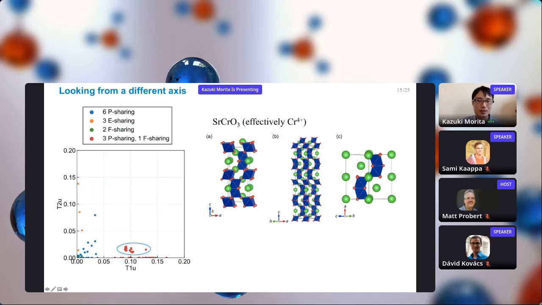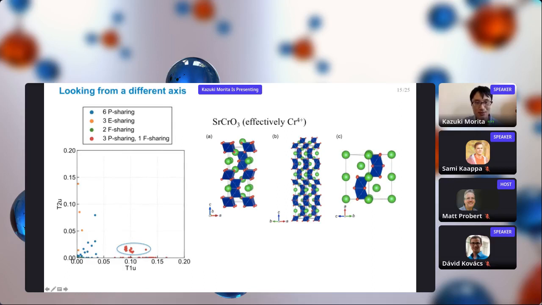Furthermore, if you plot it against an additional axis, the T2U axis, we see that this edge site separates into 2 clusters. One has T2U distortions and one doesn't.